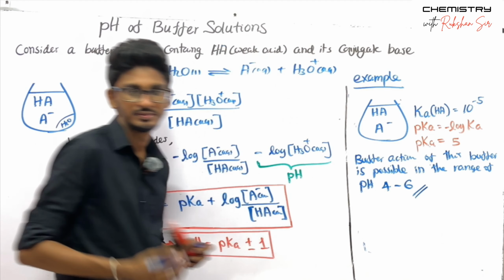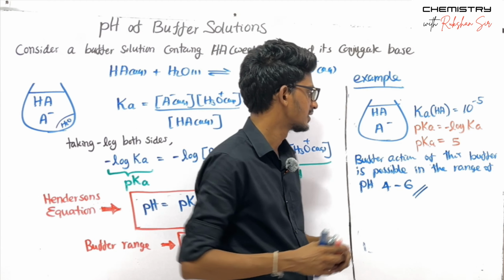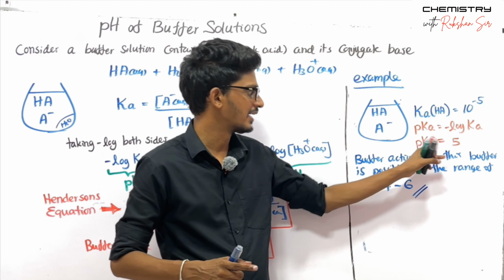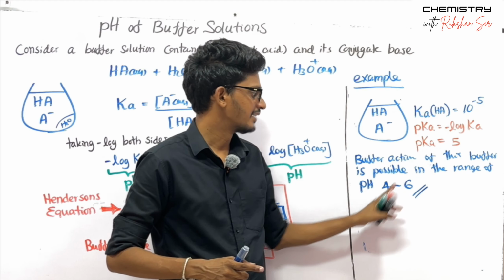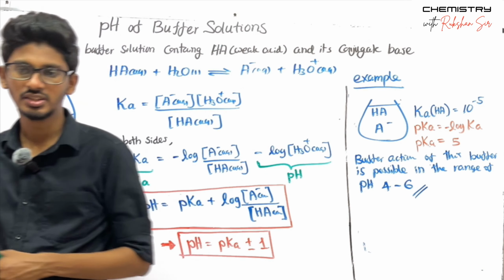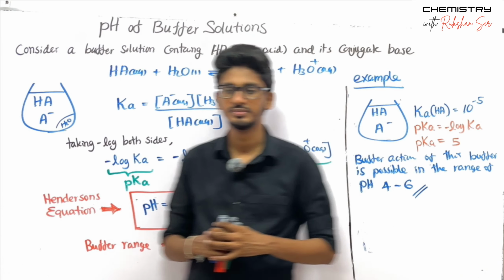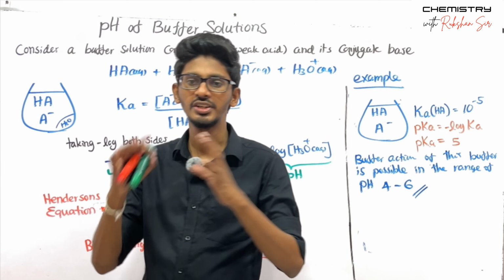That is the idea. How are these 4 and 6 decided? The 4 is the pKa minus 1 and 6 is the pKa plus 1. So in this pH range, this can act as a buffer.